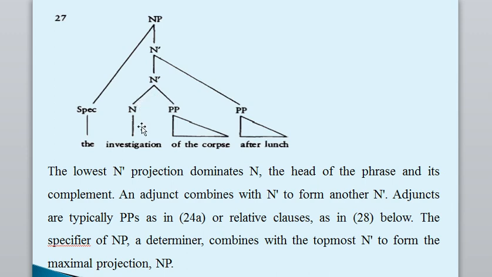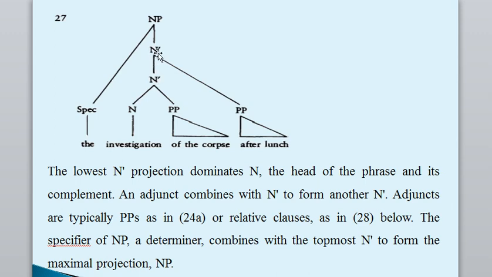As you see here, the lowest N1 bar projection dominates N, the head of the phrase, and its complement, and the adjunct again combines with N1 bar to produce another N1 bar. This after lunch combined with N1 bar produces another N1 bar.